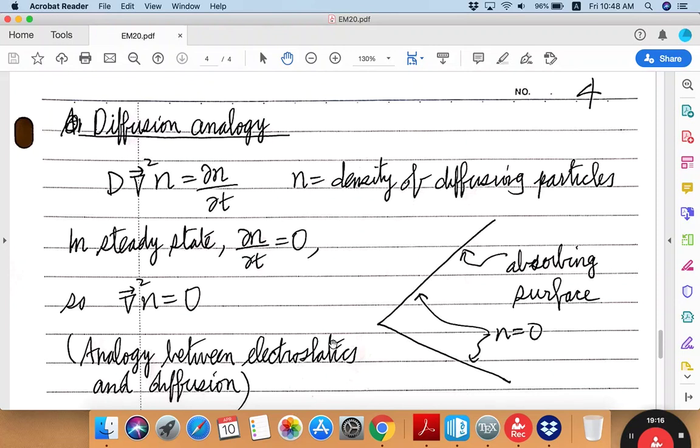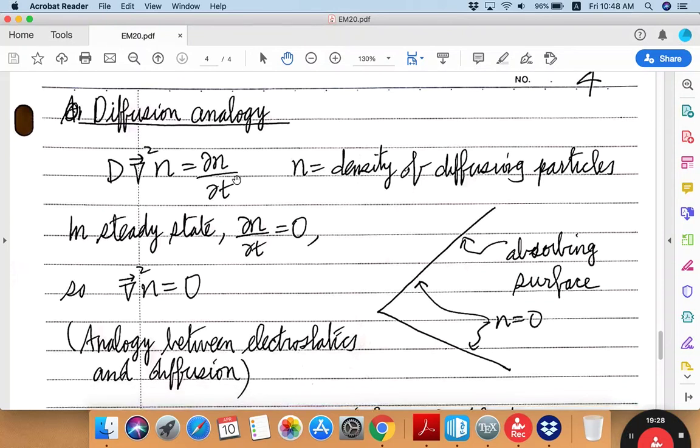So diffusion is a set of phenomena which is described by a diffusion equation. So this is the diffusion equation form. And here, the object in question is not the electrostatic potential, but rather n stands for the density of whatever particles that are diffusing through the medium.